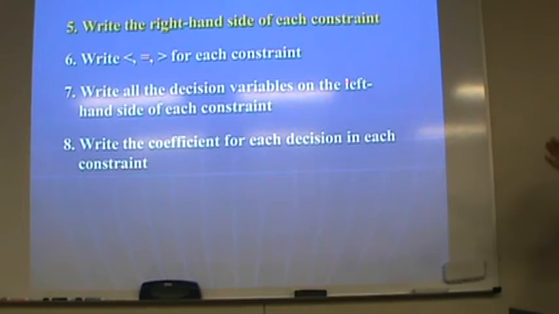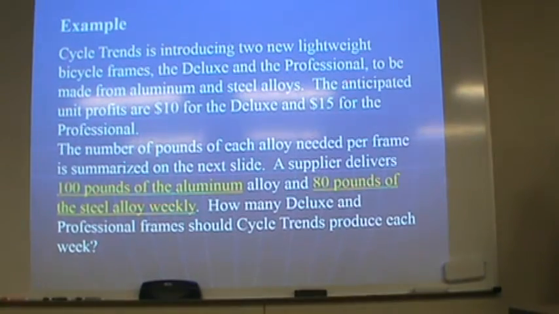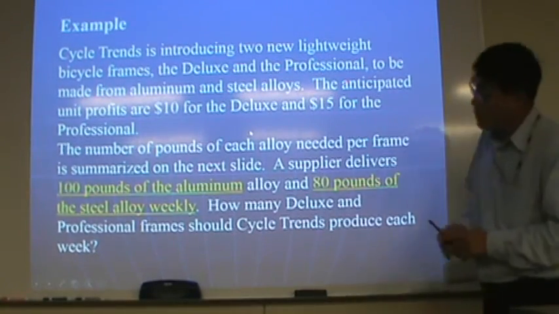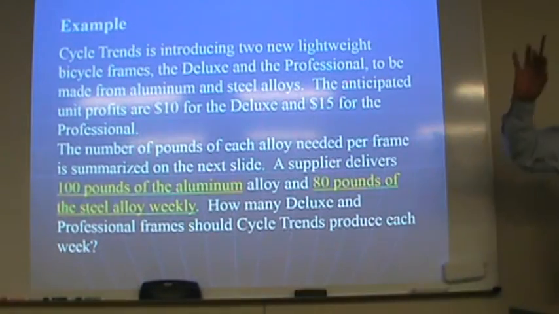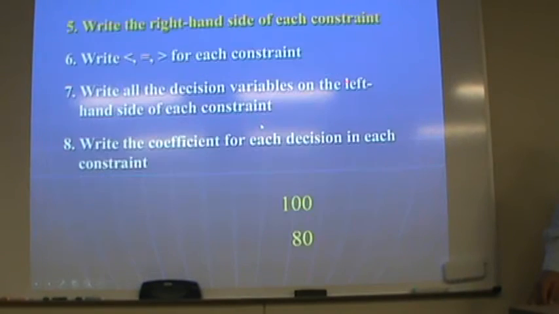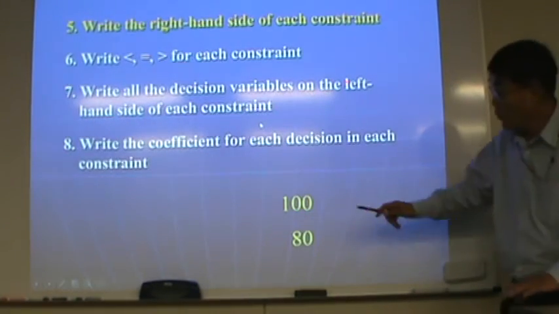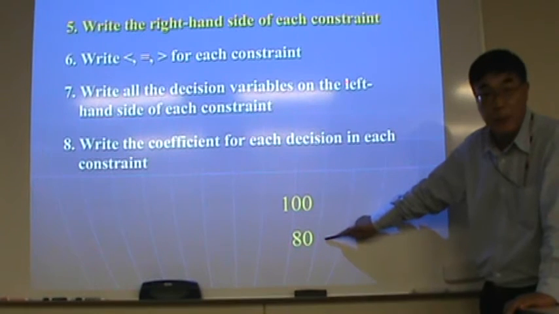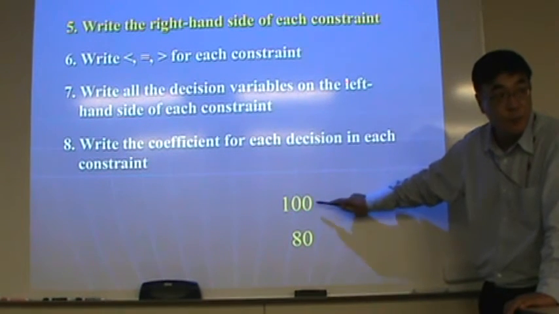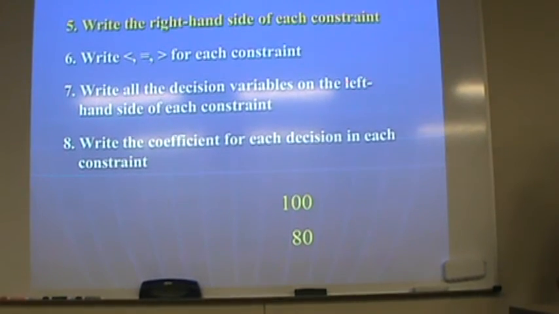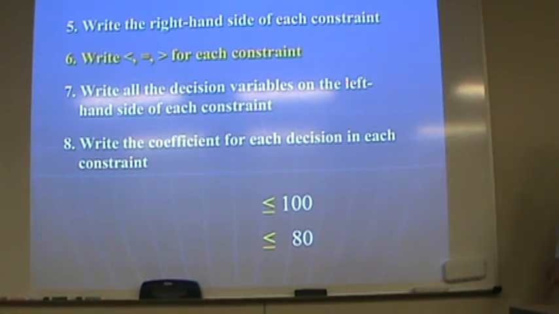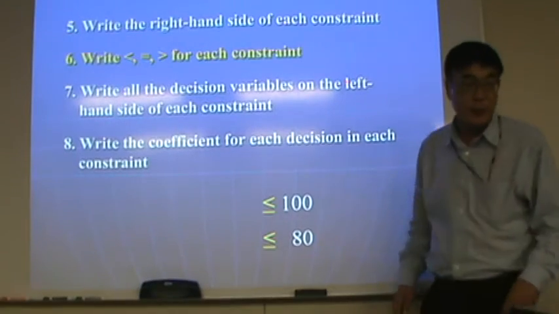Write the right hand side of each constraint. 100 pounds and 80 pounds for aluminum and steel. So 100 limited and 80 limited availability, right? Write the numbers, and write the sign, less than or something like that.